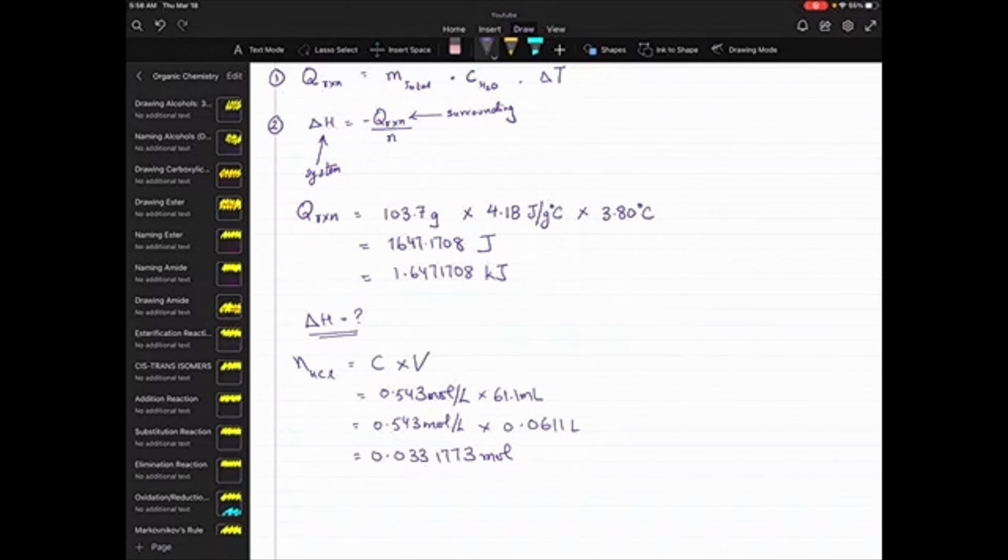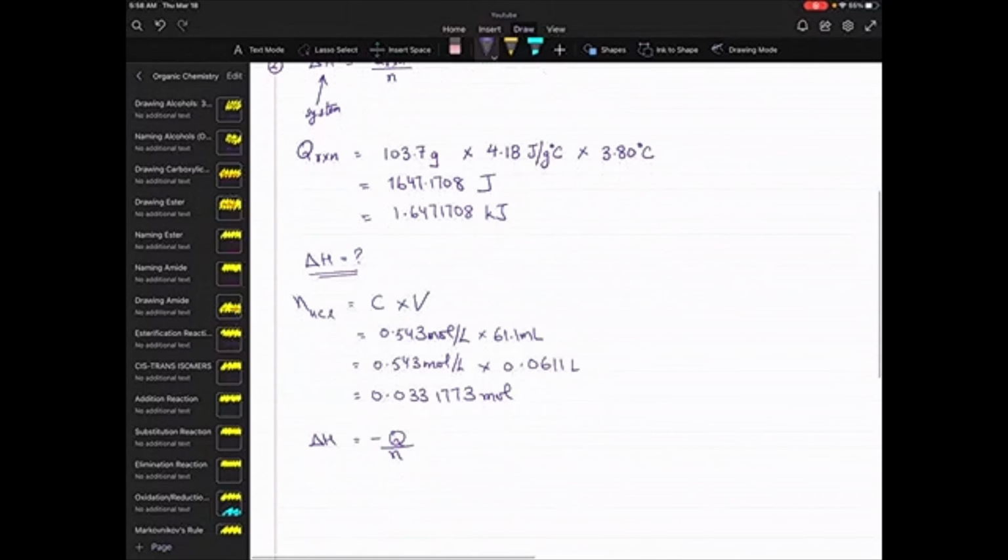So now we have the amount of moles and we have the amount of heat that was released in this reaction that we recorded from the calorimeter. Using these two, we can figure out the delta H for this reaction, which is equal to negative Q over N. Plugging in the values, negative of 1.6471708 kilojoules over 0.0331773 moles.